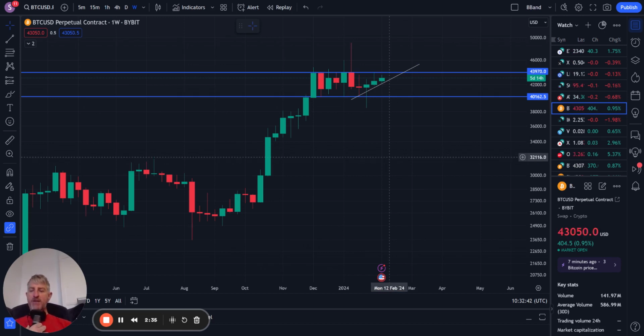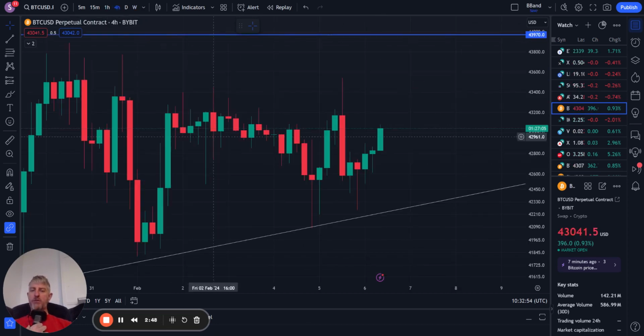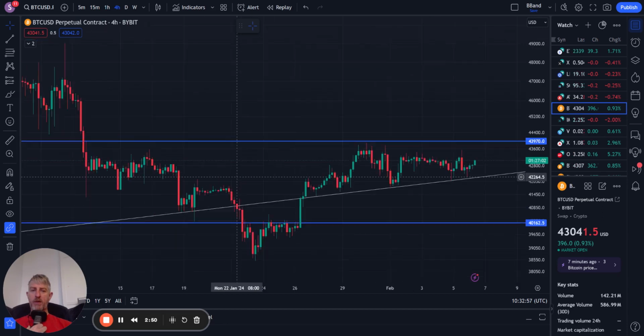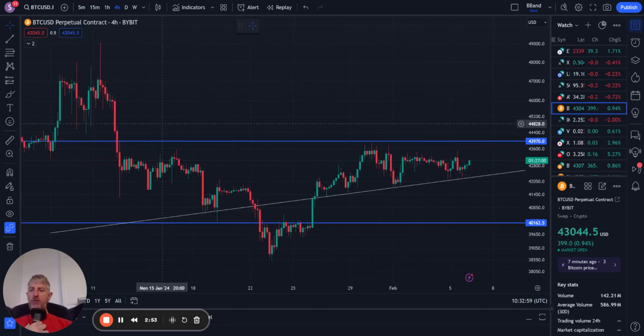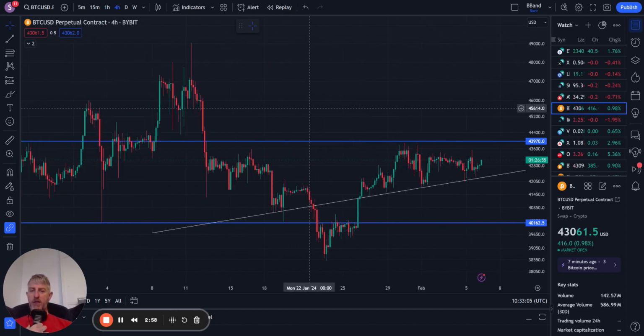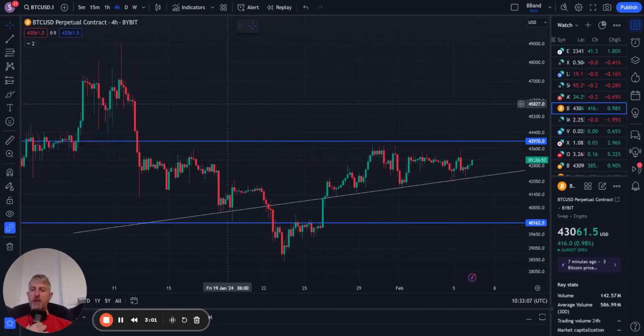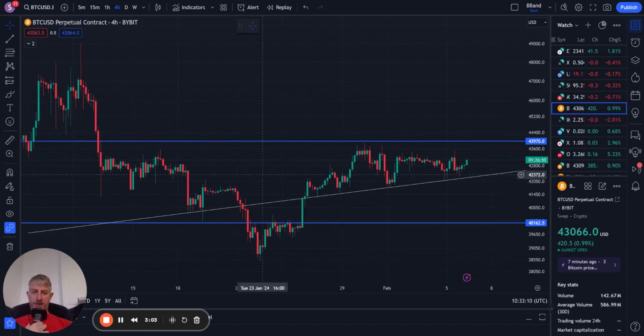Now, the reason for that is that it doesn't mean too much on the weekly time frame, but when I then zoom down to, say, a 4-hour, and zoom out a bit, you get enough information on your screen to see the bigger picture, which is basically sideways, but enough detail to then be able to visualize the individual candles.